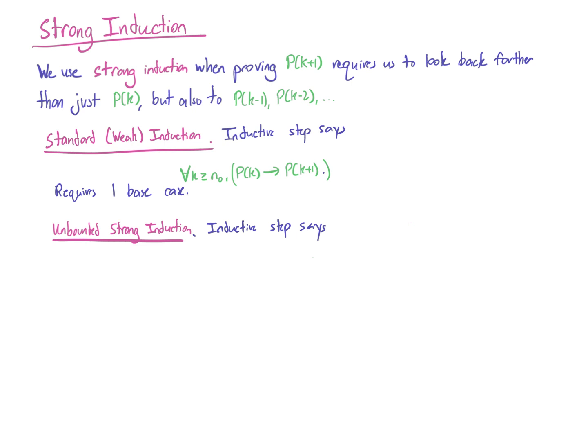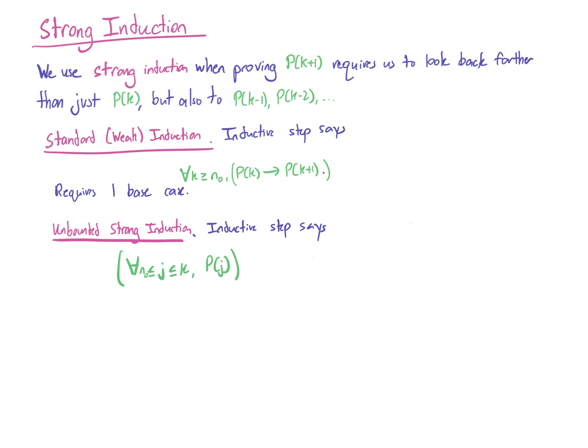In unbounded strong induction, what we do is we say, for all choices of j which are greater than or equal to n naught and less than or equal to k, P of j is true. That's my inductive hypothesis.